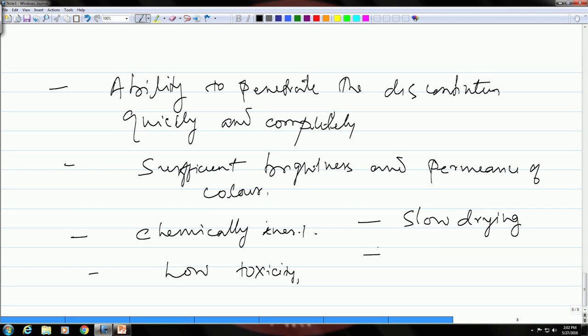Then it should be easy to remove, and it should not have any offensive smell. So, it should be as far as possible odorless.